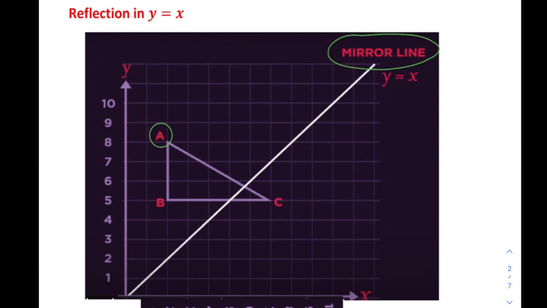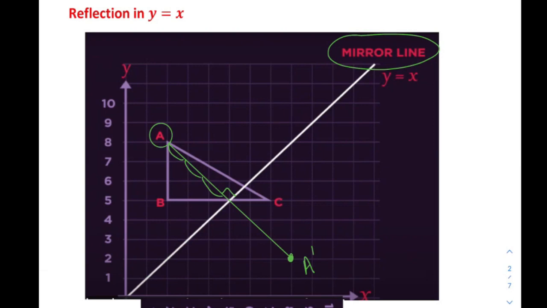When you want to reflect it, you should match until you have a perpendicular line. Measure this, or you can count how many diagonals you passed. You have 3 here, so on the other side, you have another 3. So you will reach here. This will be A prime, the image of A across y equals x.